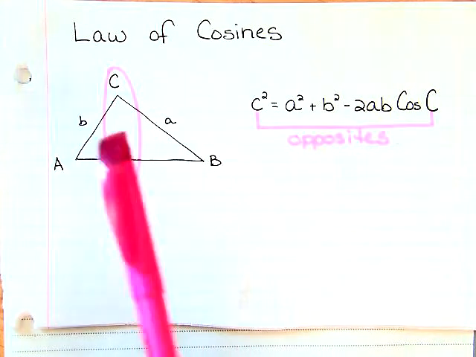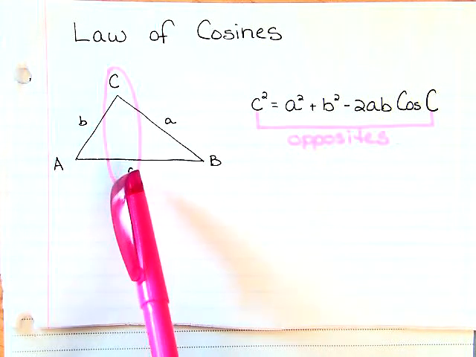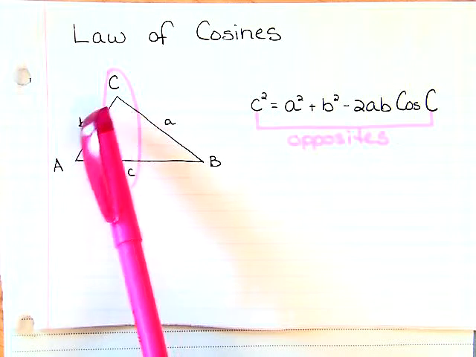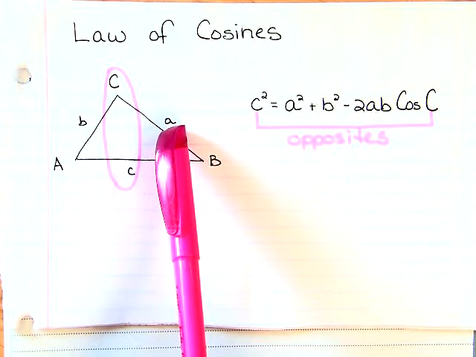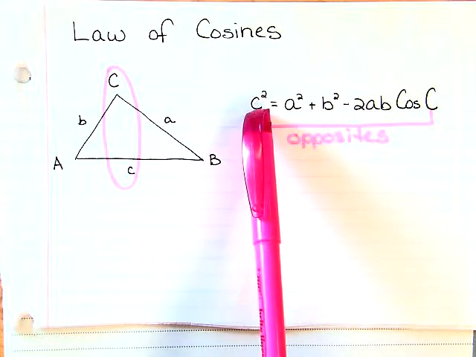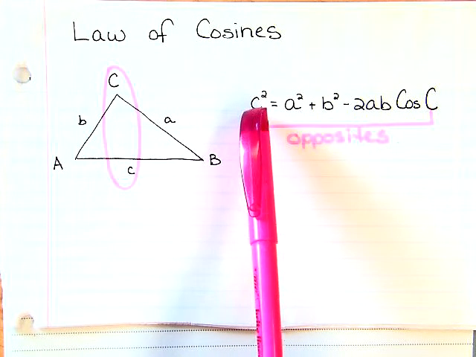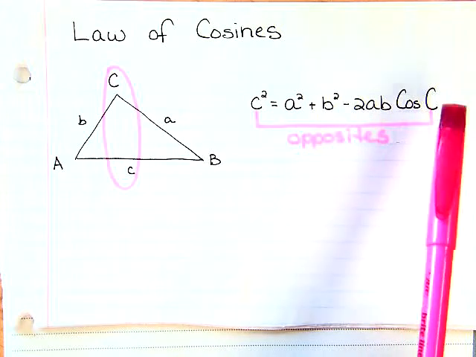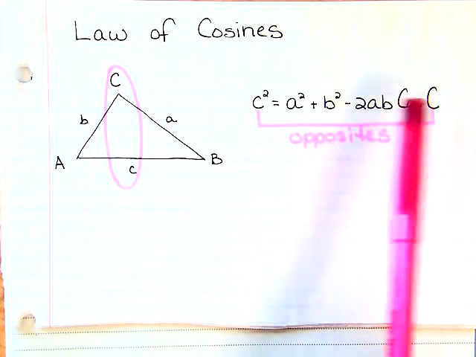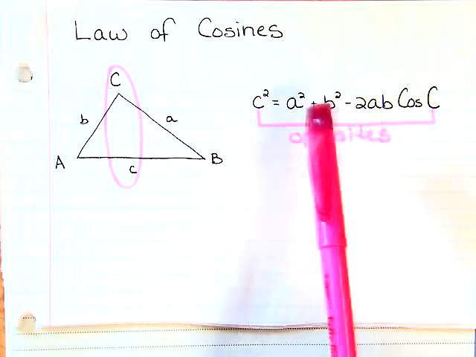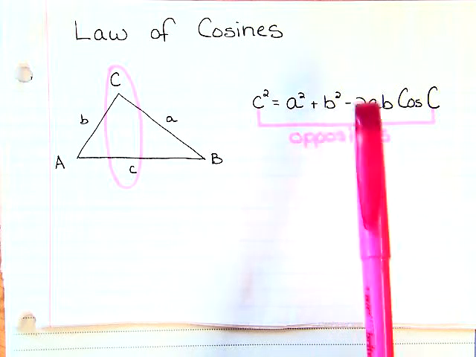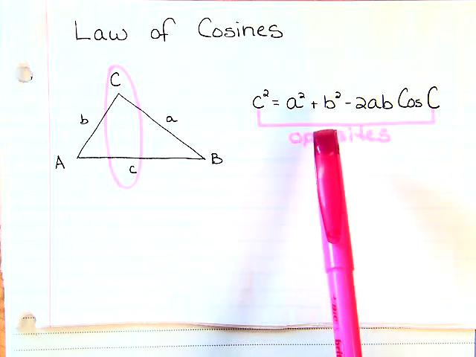Or you may be given the side here that's opposite and the angle's missing, but you're given the other two sides. Then you put in all three sides, but this side has to be opposite this angle that you're trying to find, and the a and the b will be the other two sides. So it's important that you understand that relationship.